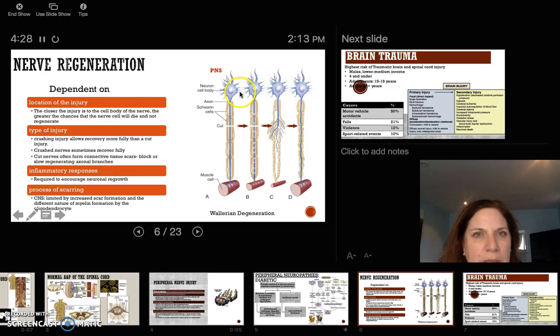For example, if I have a crushing injury, so my arm gets stuck in something and becomes crushed, we may have more recovery because we haven't damaged the actual neuron, the actual cell body here, than if I have cut my entire nerve with a knife by accident.